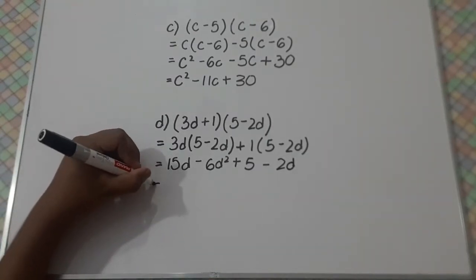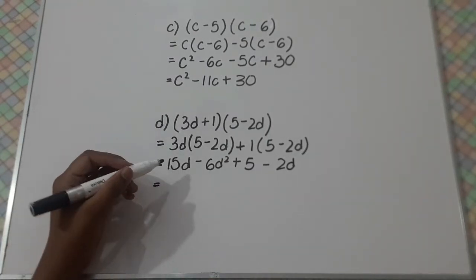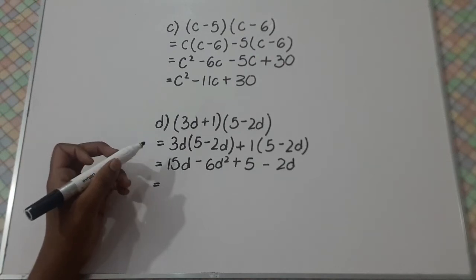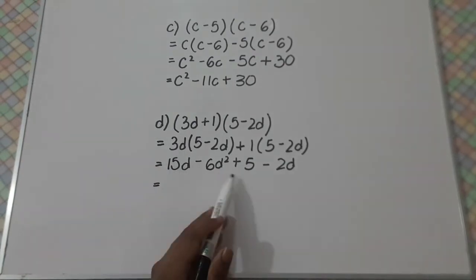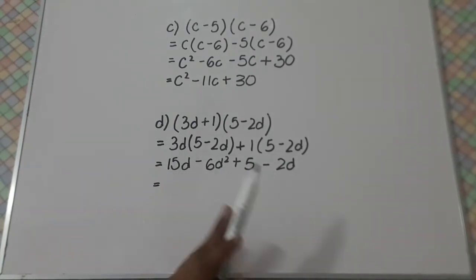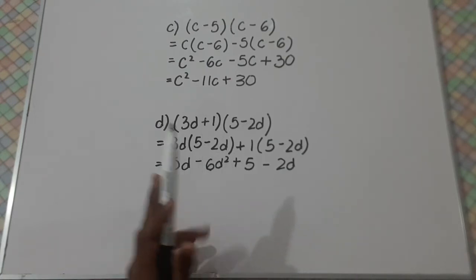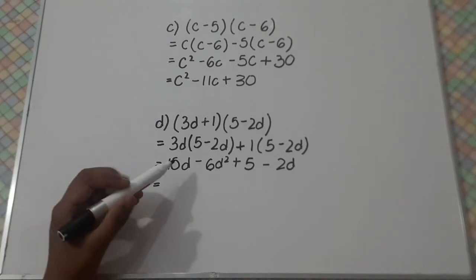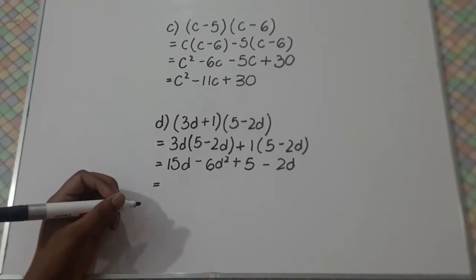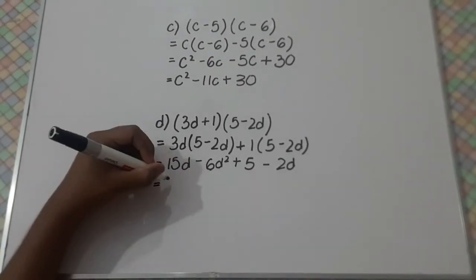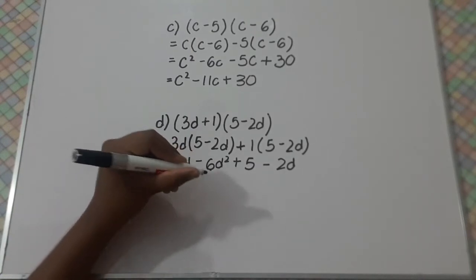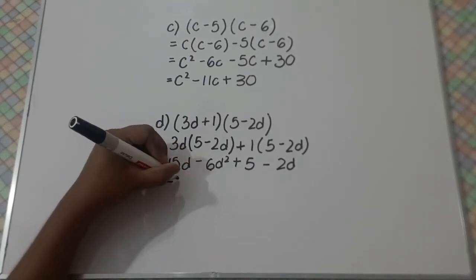Now we are going to check the common. So we are having only one common, 15D and 2D. 6D square and 5, we don't have any common in the question. So we are going to bring the commons together, means minus 6D square will be shifted over here.